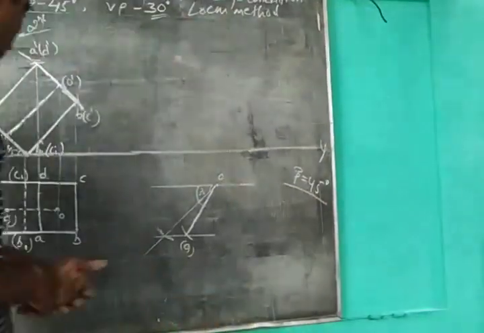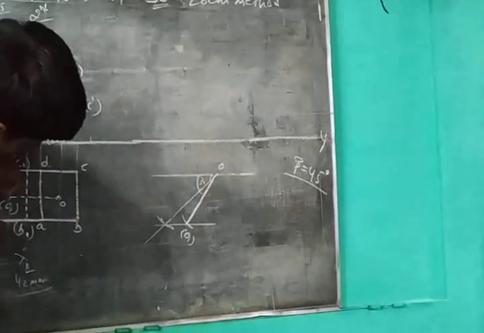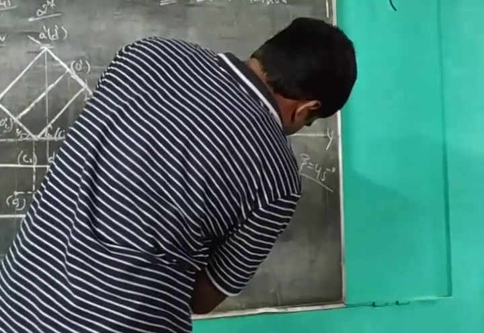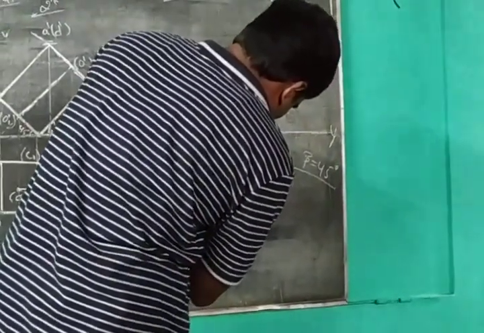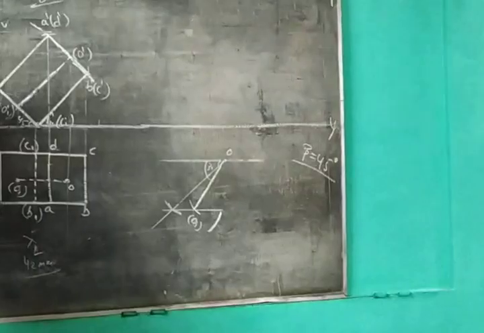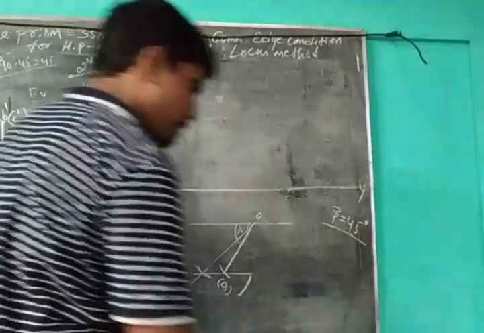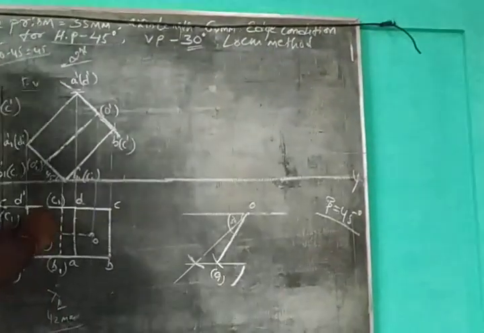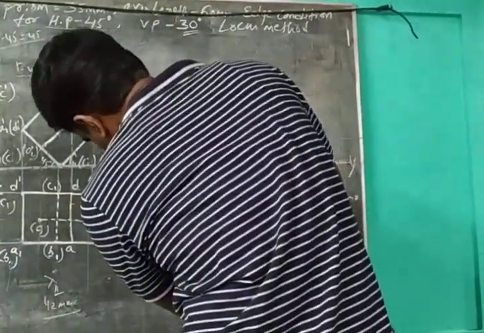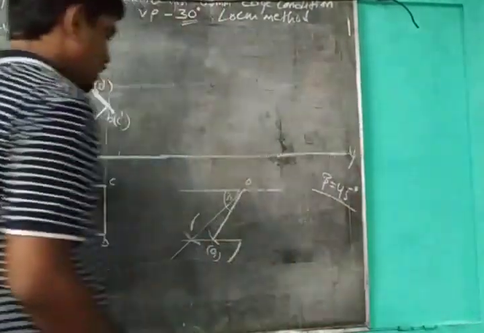Or if you don't want, you can use this. So from here you take the distance, the same distance. From here cut the distance.